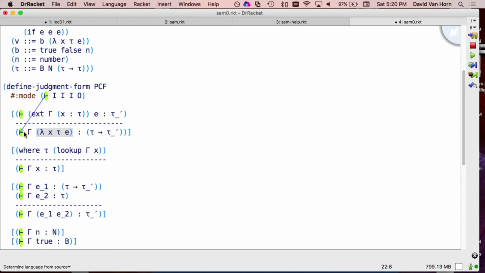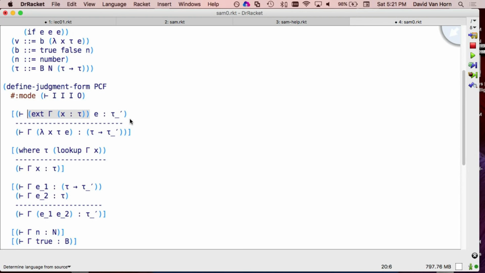So I'm saying that this judgment holds if I extend the given environment with x being bound to tau, I can type the body of the expression and get out some type tau prime.